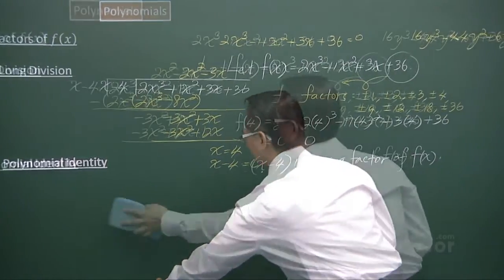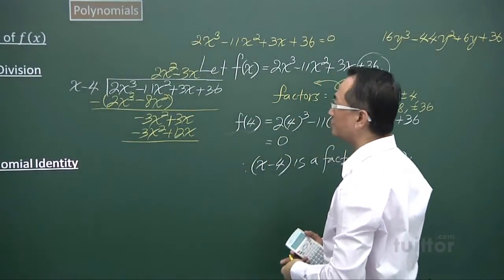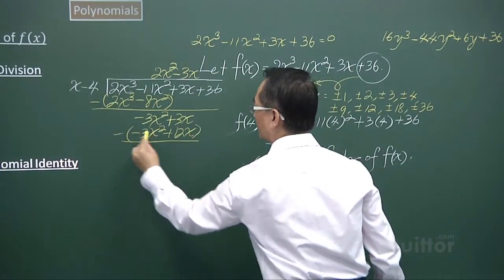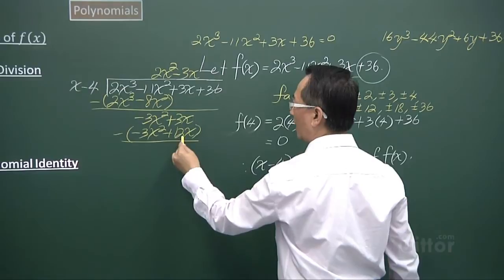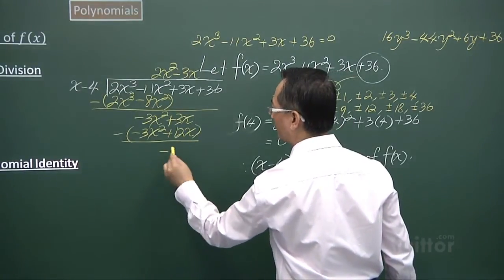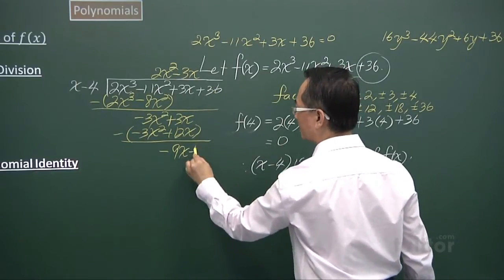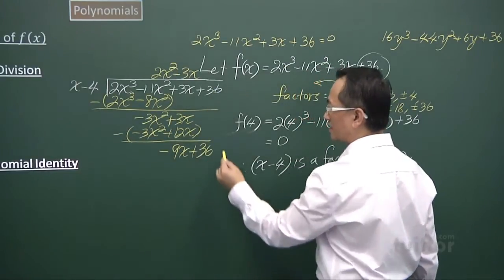Over here, I take the top expression minus the bottom. I will have negative 9x, and I transpose the 36 to this position.